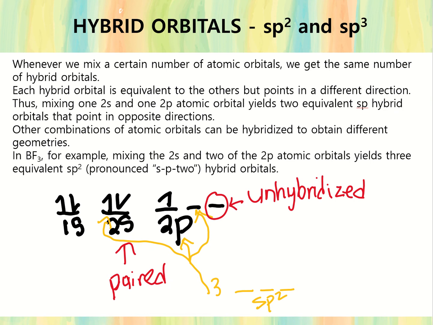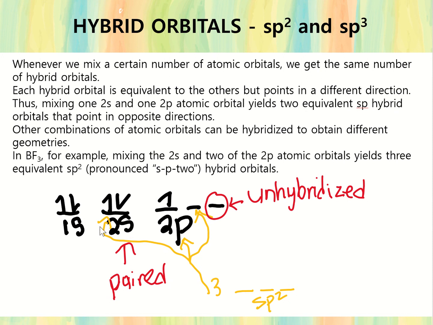Here we have the electronic configuration of boron, which is 1s2, 2s2, 2p1. We have one paired set of electrons and one unpaired electron. This paired electron cannot participate in a covalent bond. It has to become unpaired, and then we can have the overlapping.